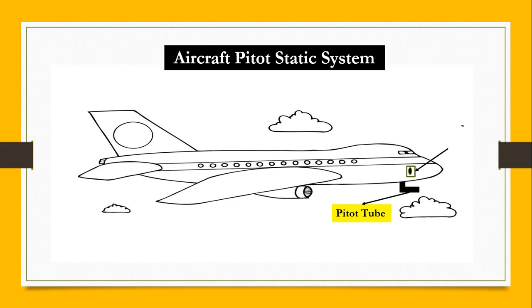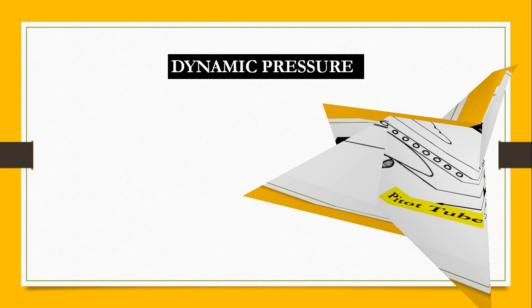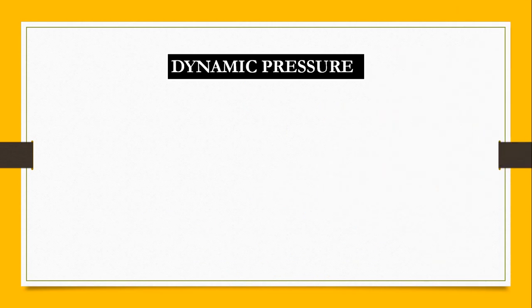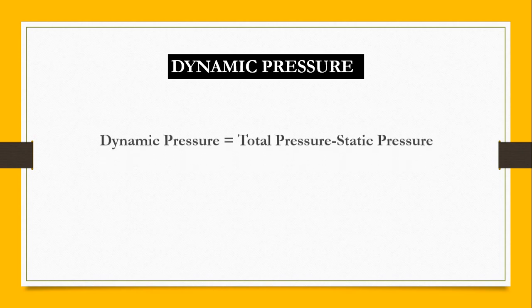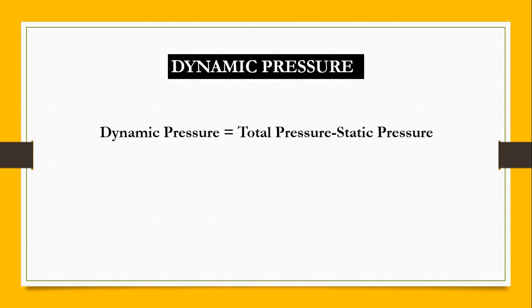You can see it from this image itself. From this static vent and the pitot tube, we can measure the dynamic pressure. From the dynamic pressure, we can easily find the velocity or the speed of the aircraft.